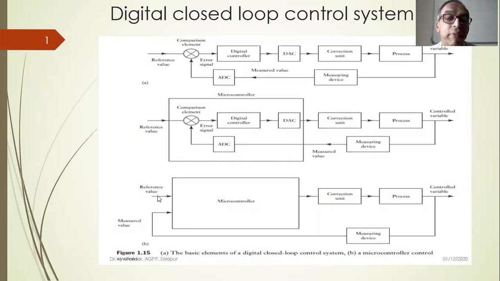The reference value will be provided here, and at one more input pin, the measured or feedback value will be provided. From the output pin, the analog converted signal will be taken out and given to the actuating element in the process. This is how my digital closed loop control system functions.